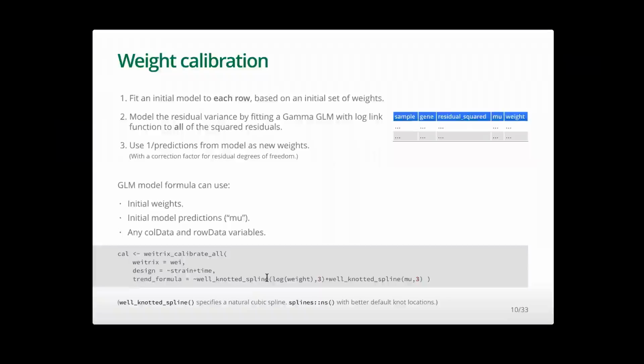This is a well-knotted spline, like a natural spline if you've ever used them, with just a slightly better choice of knot locations. We might also suspect there's a mean-variance trend, so I'm also fitting a spline through the mean tail length. So that's the initial predictions from the initial model.